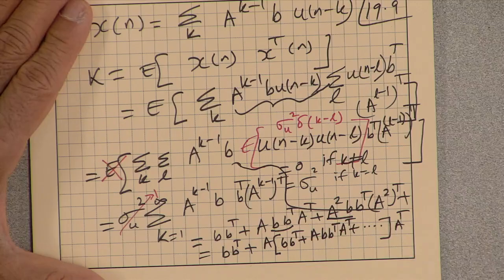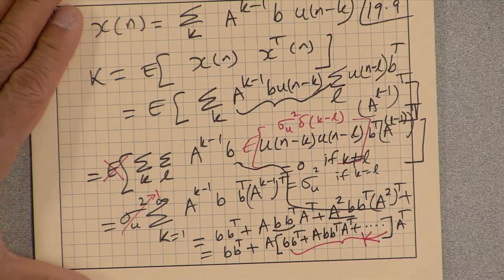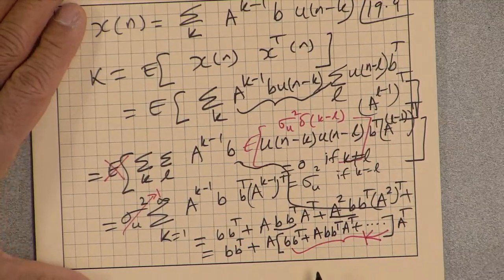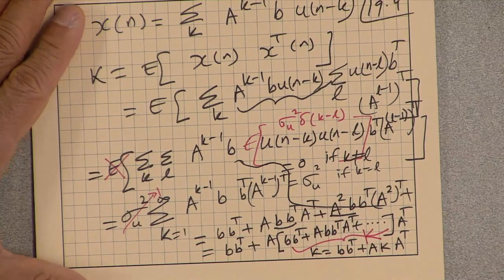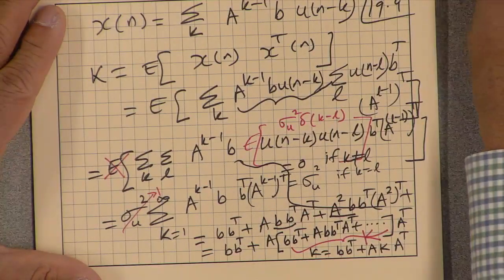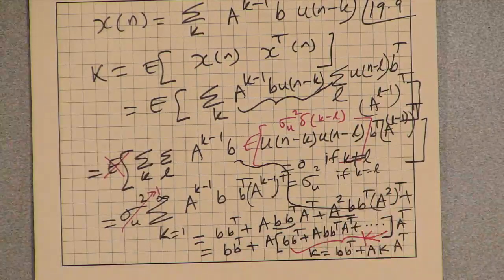You will quickly observe that this whole thing is nothing but the same K matrix. So K can be expressed in terms of itself by the equation K equals B B transpose plus A K A transpose. That's the way we can quickly compute K in MATLAB using a few lines of code, by an iterative process.